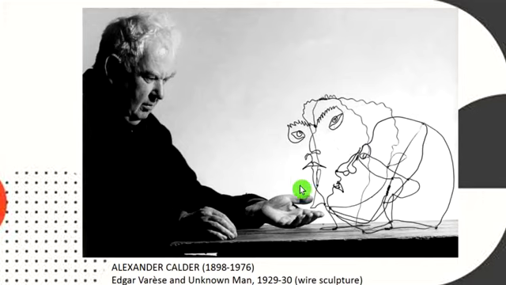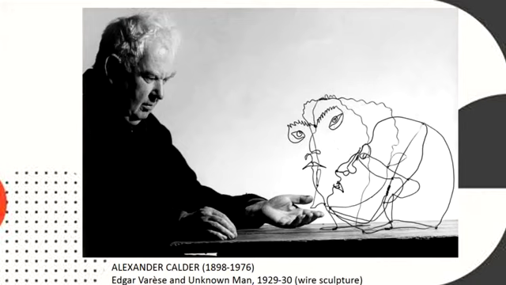He would bend, twist, and grip wire to form three-dimensional portraits of celebrities and friends that had all the vitality and spontaneity of a line drawing in space. These works had an element of caricature about them, but they still retained a remarkable likeness to their subjects, who often received them as tokens of friendship.